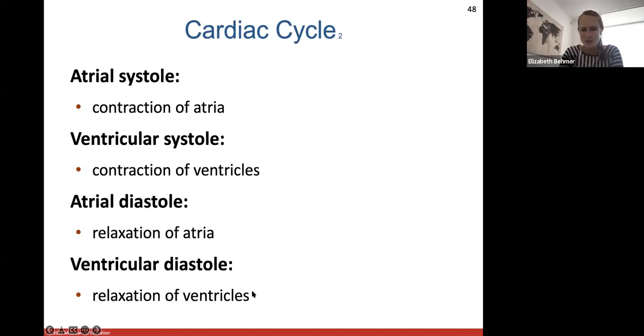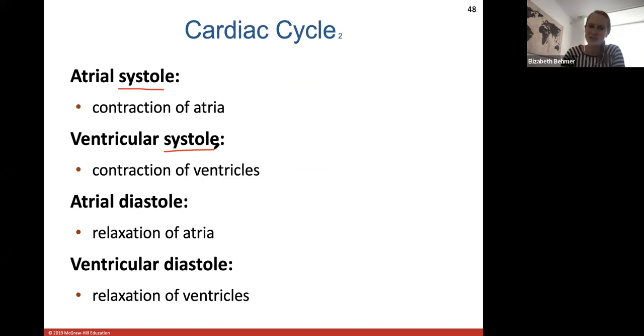We have words that we call systole and diastole, and they all refer to the atria and ventricle chambers. If you hear the word systole, systole always refers to contraction. So if we have an atrial systole, that's contraction of the atria.